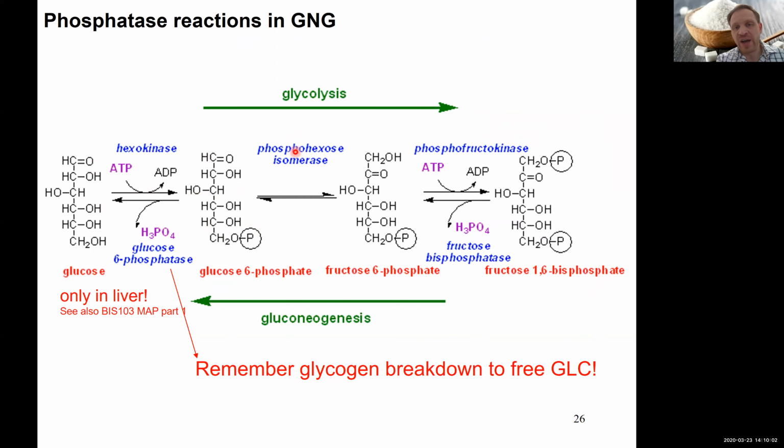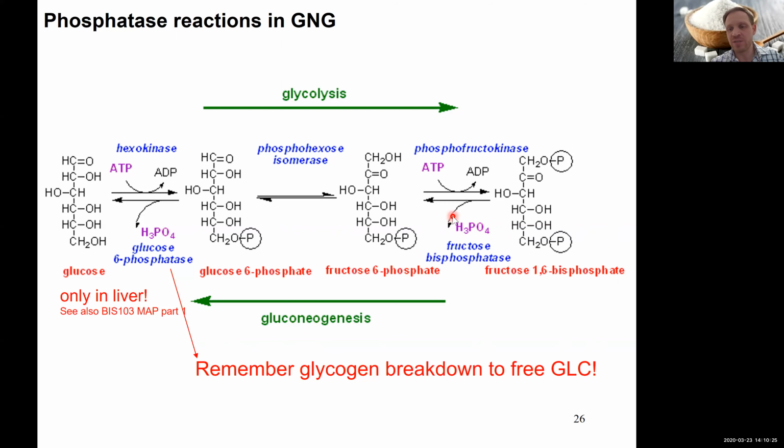This reaction is fine, it's a reversible isomerization, that's not a problem for us. And then we have reaction 3 here, again an irreversible reaction, phosphorylation of fructose 6-phosphate at C1 to generate fructose 1,6 bisphosphate. Now, if you want to go back, we're using our phosphatases. So the first one being the fructose bisphosphatase.